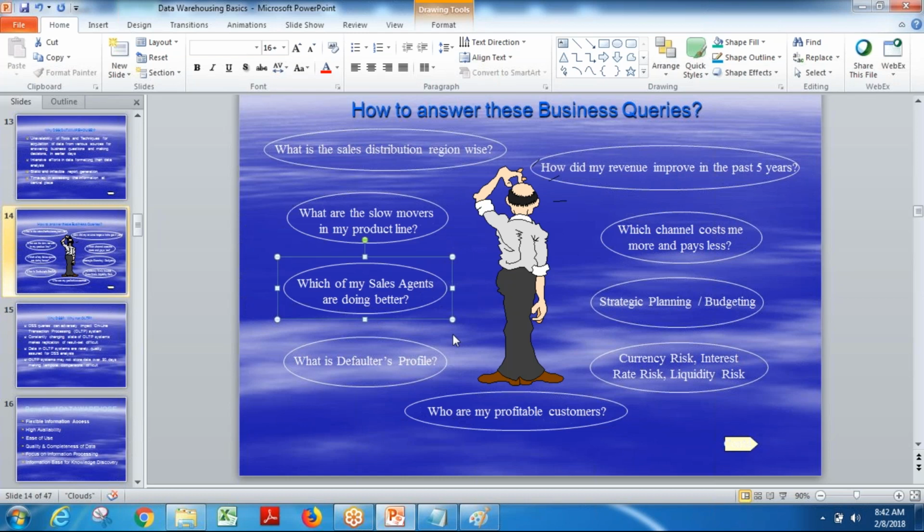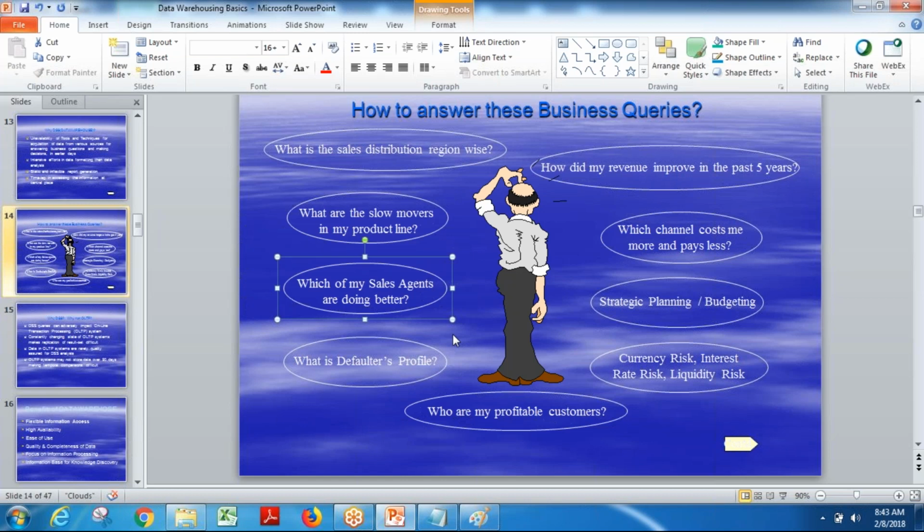If some of them are not doing well, then there is no point in continuing with them. I'll push them out of the system and continue with the people who are actually helping me do it better. That way you can take a decision. That's why top level management is the one accessing this, because they take decisions to improve the business.